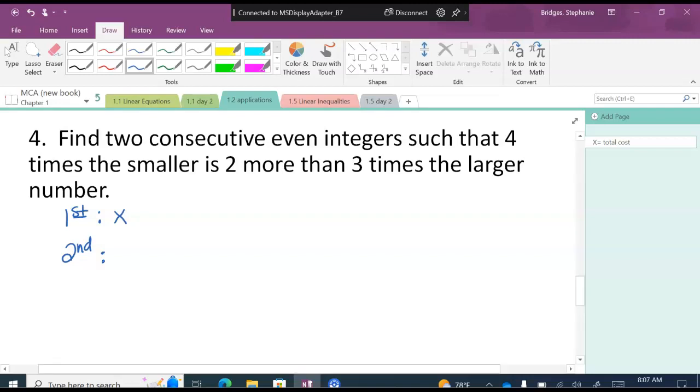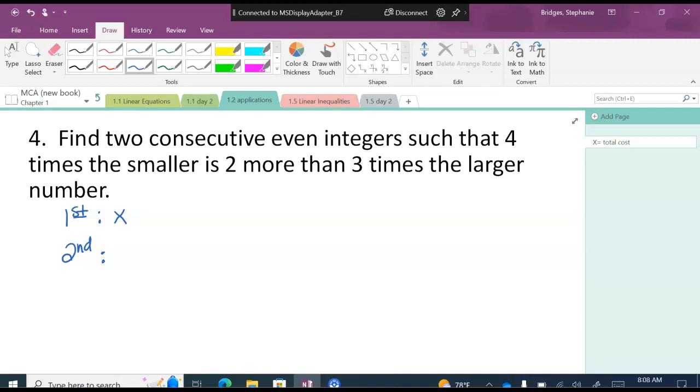Some people think the odd ones throw them off, but think about your odd numbers. To get from 1, you still add how much to 3? 2. From 7 to 9, you still add 2. Same thing with 13 to 15. If you have consecutive even or consecutive odd, it's going to be x and then x plus 2. If I had a third one, it would be x plus what? 4. And if you had a fourth one, it'd be x plus 6.